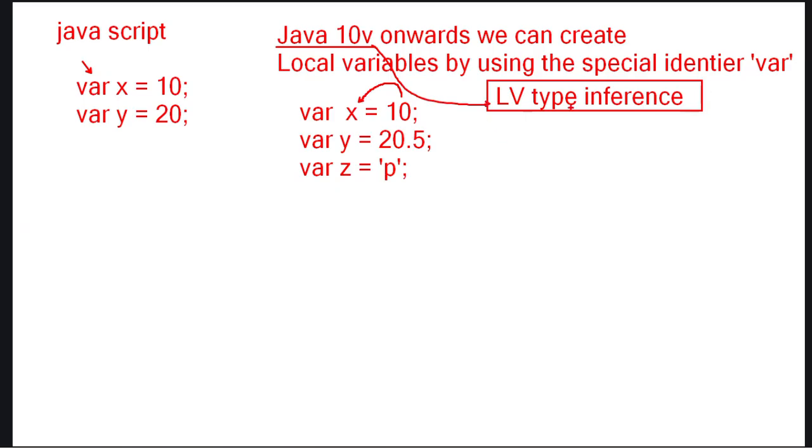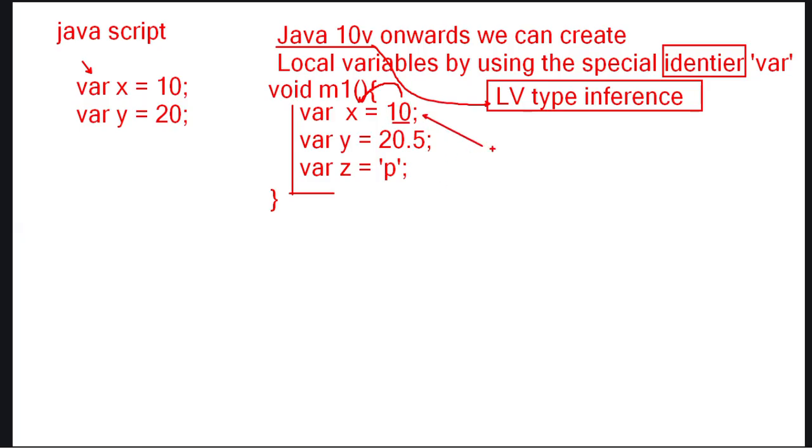Local variable type inference. It means we can create a local variable inside a method without using a data type, by using a special concept called what? Var. Is var a keyword like int, float, double? No, it is just an identifier, like a variable name. If I use this var in the data type place, it is considered as a data type. Then what is the type of this x? Based on the value you have assigned.